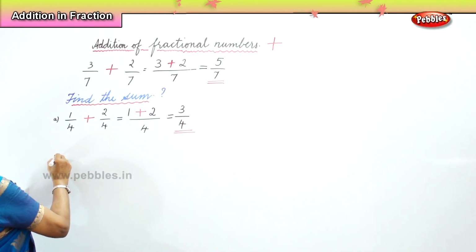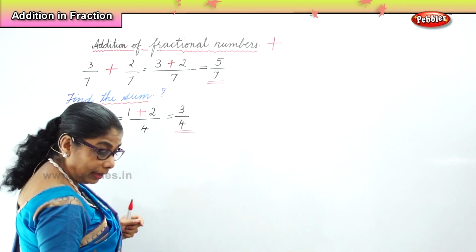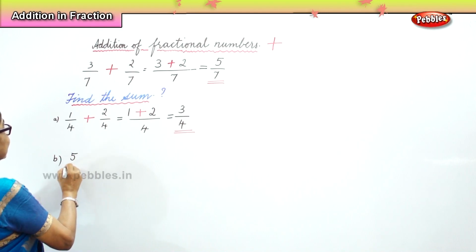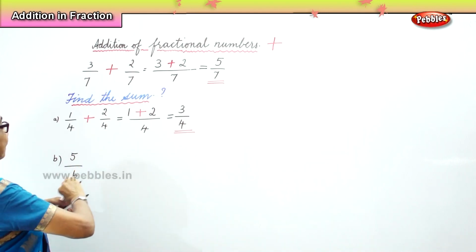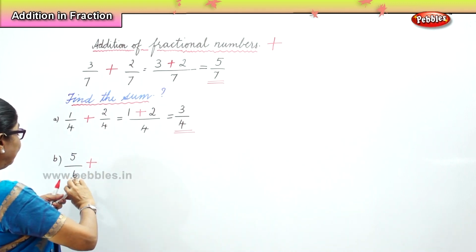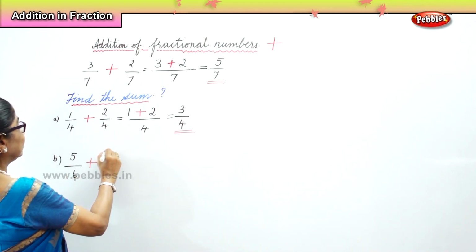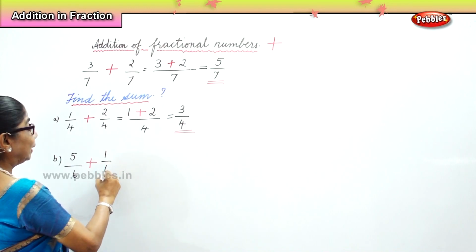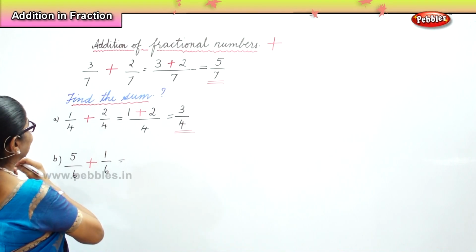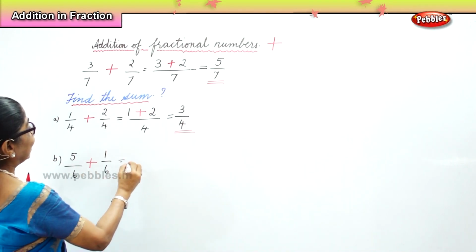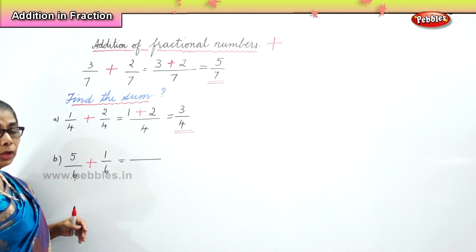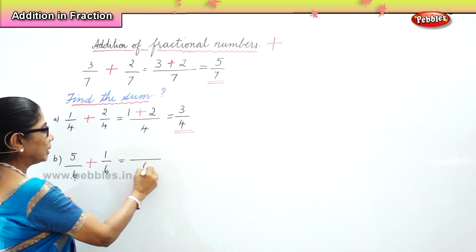Next, if we say 5 by 6 plus 1 by 6. We have here 5 by 6 and 1 by 6. Look at it very carefully. We have the denominator same.